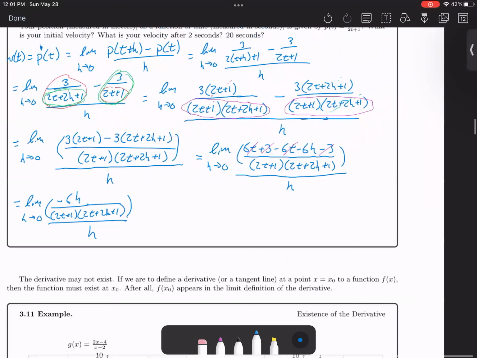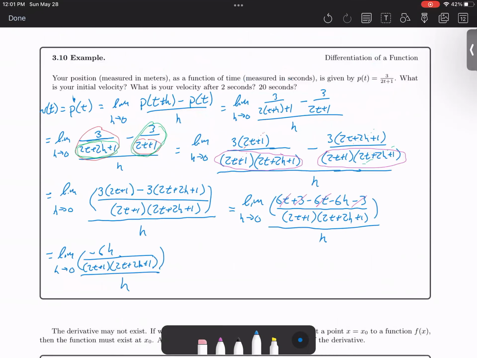So here's an algebra trick. Anytime you have a fraction being divided by something else, which is what we have here, then instead of taking a divided by b in that quantity and dividing it by c, you can multiply it by its reciprocal, right?